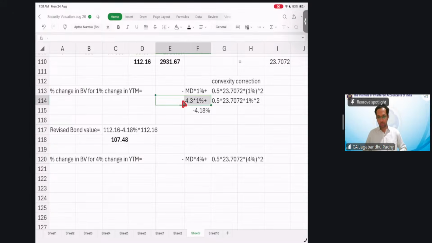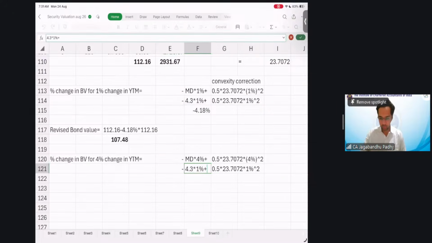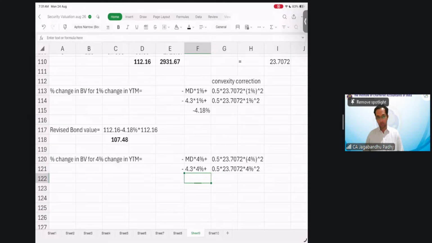The calculation will be now modified duration into 4% plus 0.5 into 23.7 into 4% square. So what is this percentage change, guys? Tell me, what is this percentage change that we can expect?